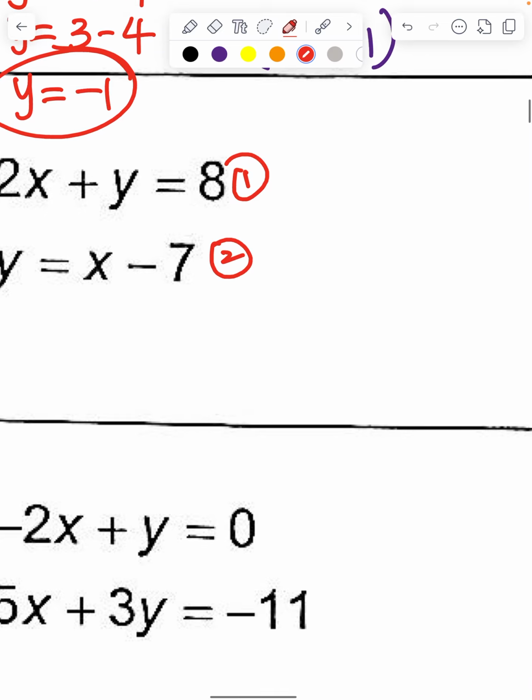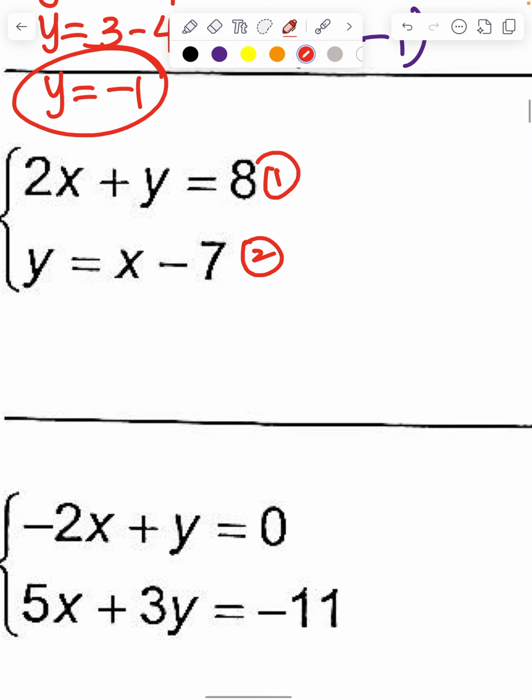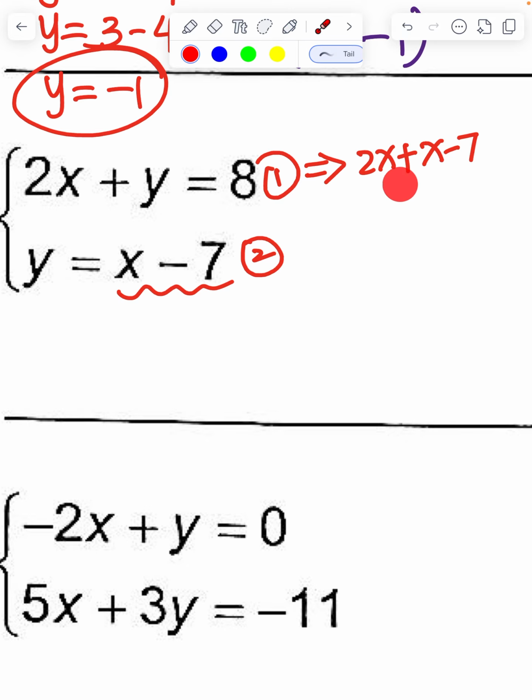So my first equation becomes 2x plus x minus 7, equal to 8. Because here is a plus, so I don't have to use a parenthesis.